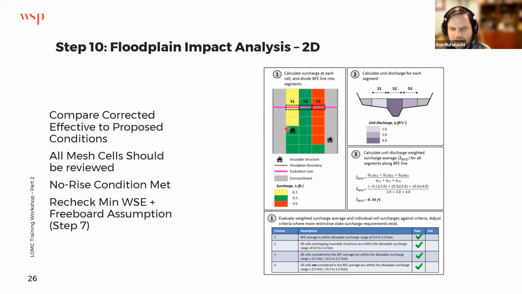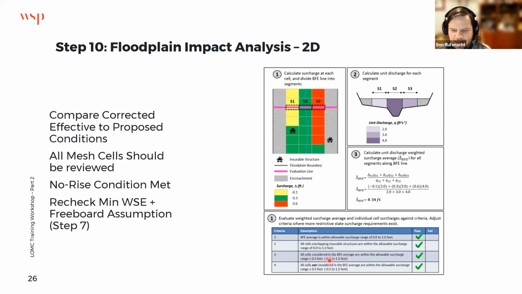So if I have a house in a mesh cell, that cell has to be 0.00 surcharge or less, or negative. But for all other mesh cells that do not touch an insurable structure, this is where 3 and 4, where really it's only 3, come in: all cells considered in the BFE average need to be plus or minus half a foot from your required.